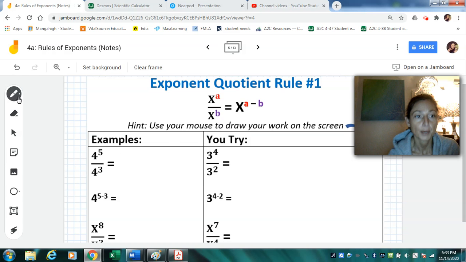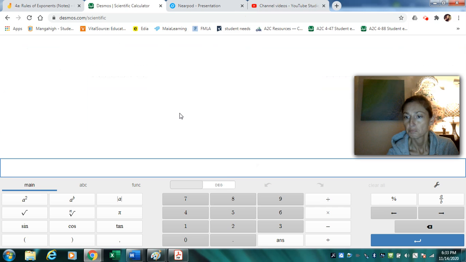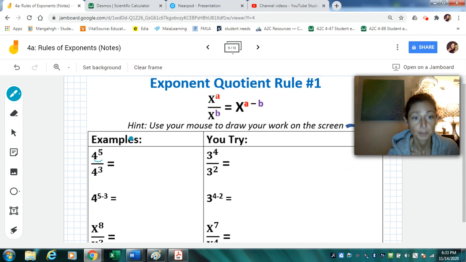4 to the 5th power. So I'm going to use my calculator to calculate 4 to the 5th power, which my computer got slow all of a sudden. All right, 4 to the 5th power, and that gives me 1,024.